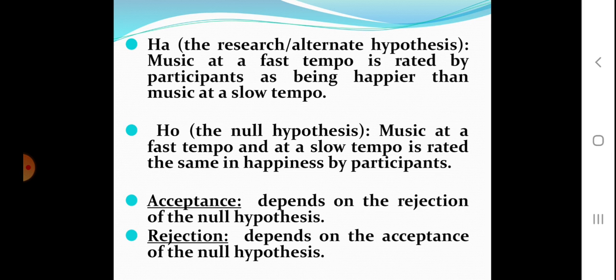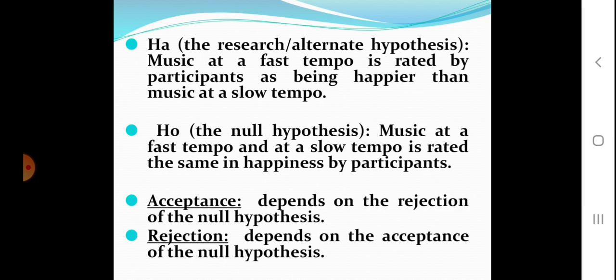Here, the alternative hypothesis, HA, also called a research hypothesis: music at a fast tempo is rated by participants as being happier than music at a slow tempo. On the other hand, the null hypothesis, that is H0: music at a fast tempo and at a slow tempo is rated the same. There is no difference in happiness by participants.